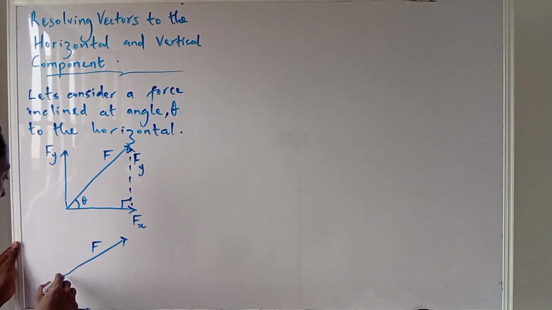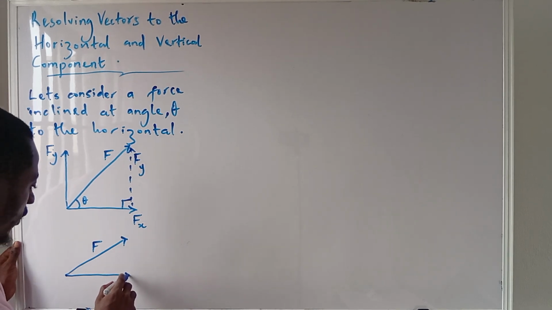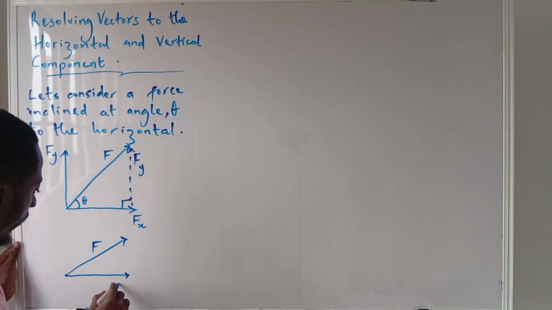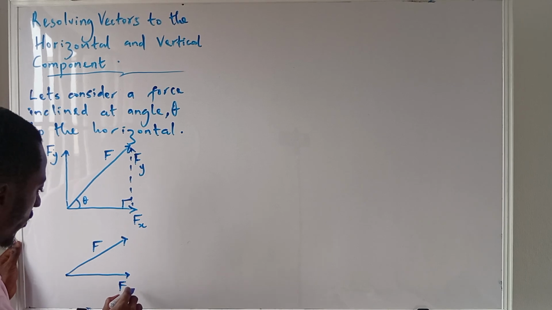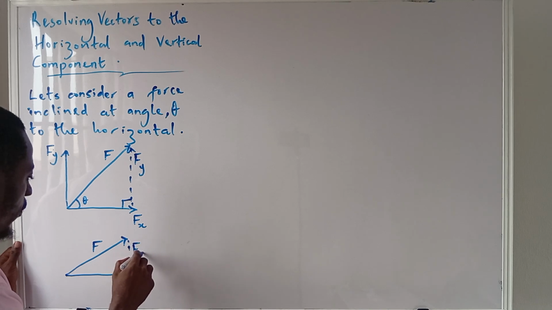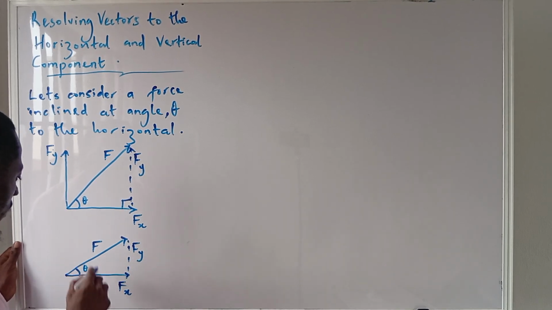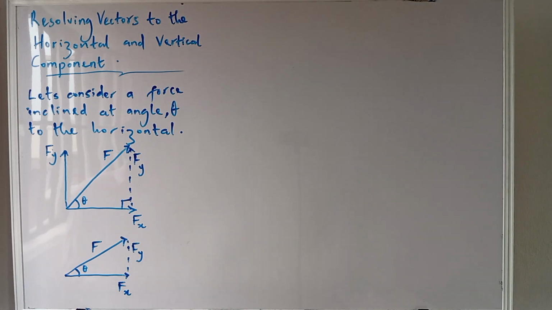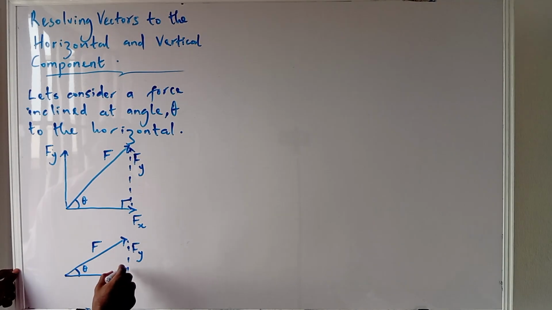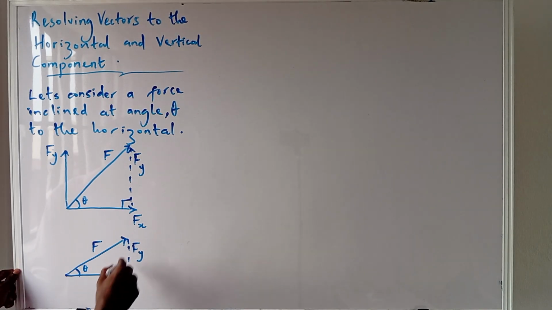This is the force, this is the horizontal component of the force, Fx, and this will be the vertical component of the force. Of course, our theta will be included. In the long run, we have a right angled triangle from the sketch above.